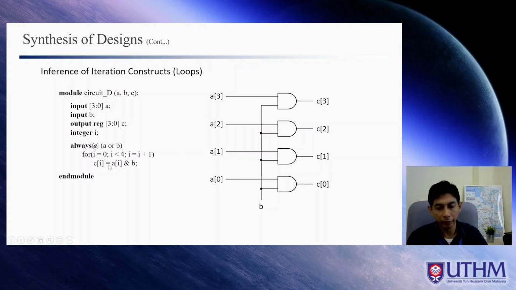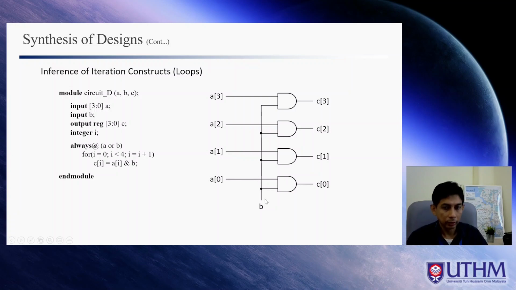And you can see when we use a for loop, we can create a repeated structure like this, right? Which is a very good feature that we can utilize whenever we want to create our circuit later on.